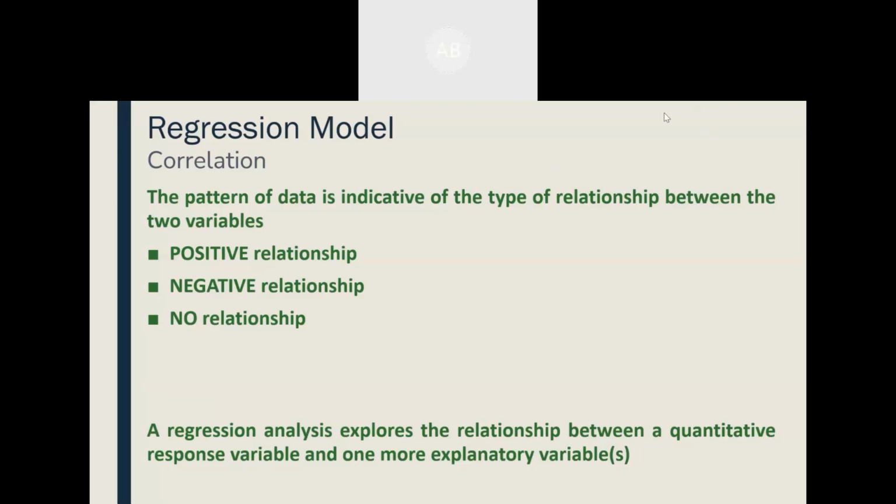In a regression analysis, further, sometimes more than two variables are taken into account. A regression analysis tries to explore the relationship between a quantitative response variable and the other one, which we term an explanatory variable. Okay.